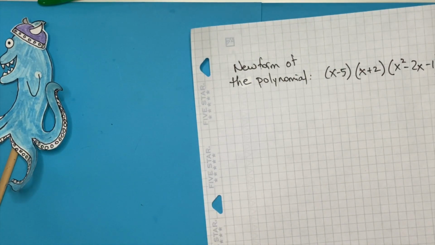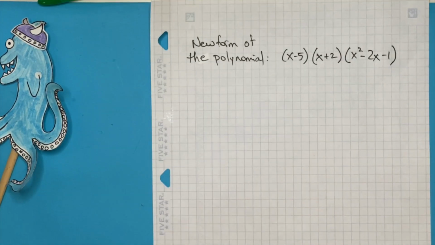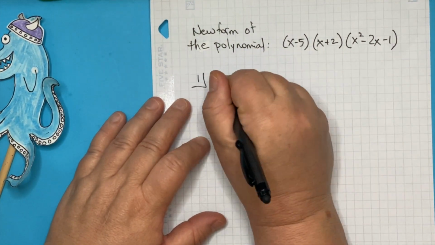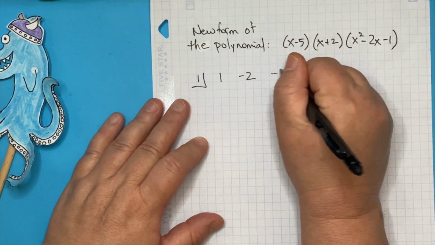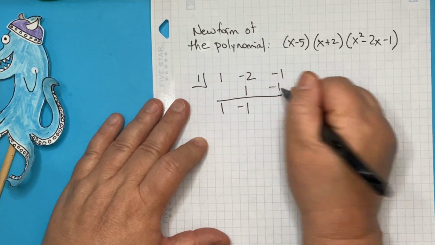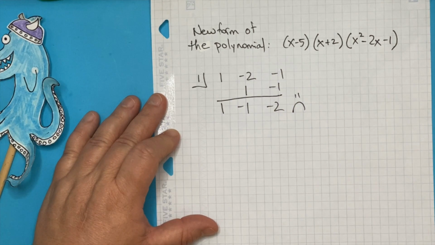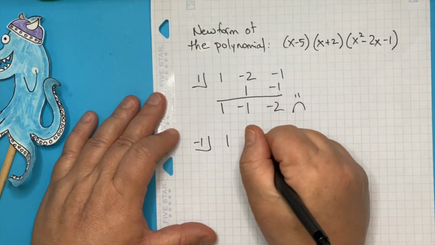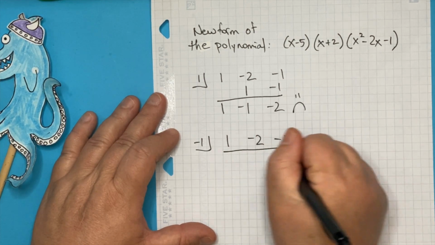So let's try those two. So let me try 1 into 1, -2, -1. 1, -1, -1, -2. That did not work. Remember, we're looking for a 0. Let me try -1. 1, -2, -1.